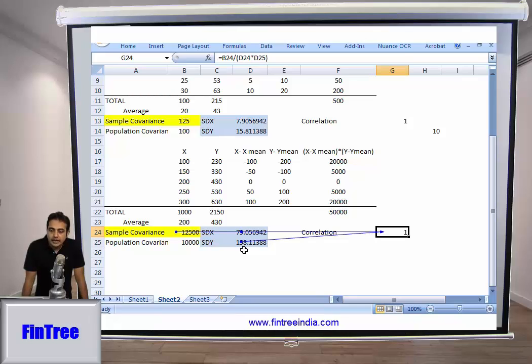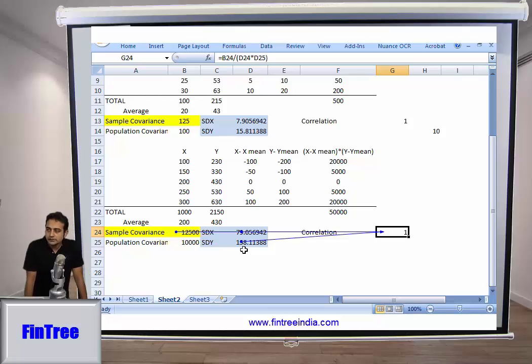First formula is sample covariance divided by sample SD1 into sample SD2. I mean, if there is a sample covariance between x and y, then sample SD of x multiplied by sample SD of y.